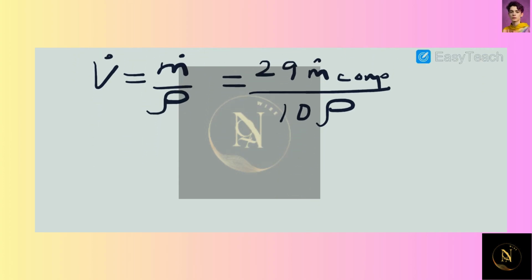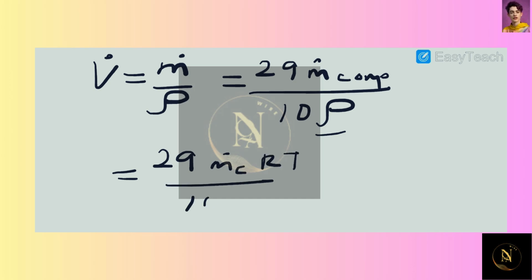And now we can use the ideal gas law to plug in for rho and say that this is equal to 29 m dot, I'm just going to call that C for now, RT over 10p.